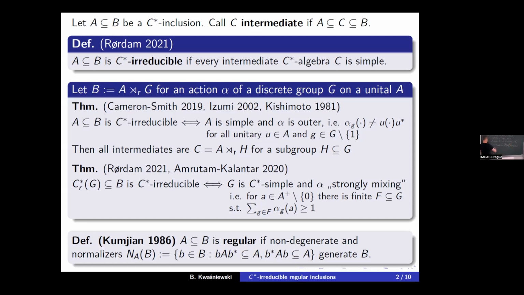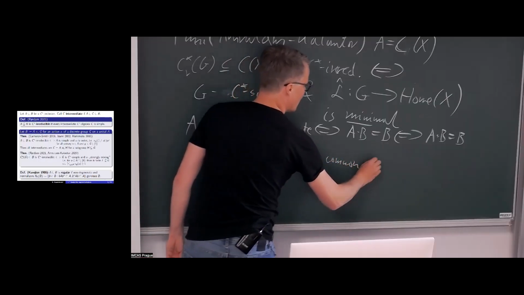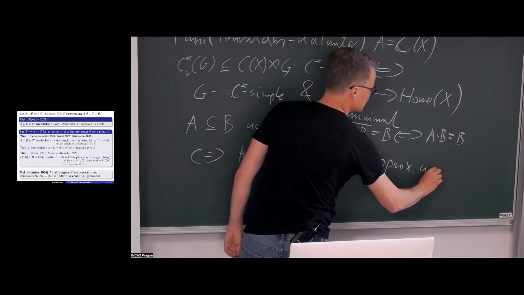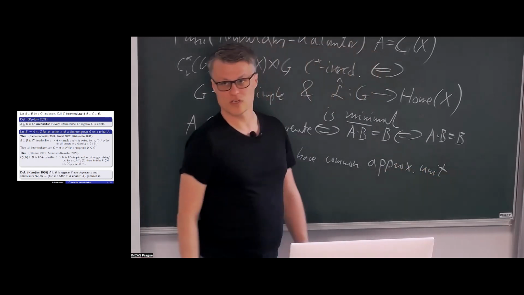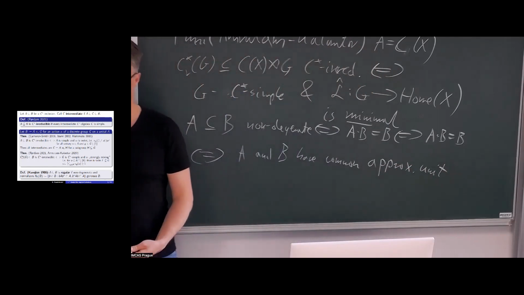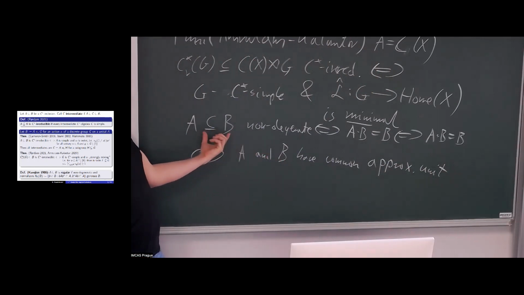And C*-algebraists often say that A and B have a common approximate unit. In general, I do not assume our C*-algebras are unital. Every C*-algebra has an approximate unit, and this non-degeneracy just says that you can find an approximate unit which is here and there. This is the same one.